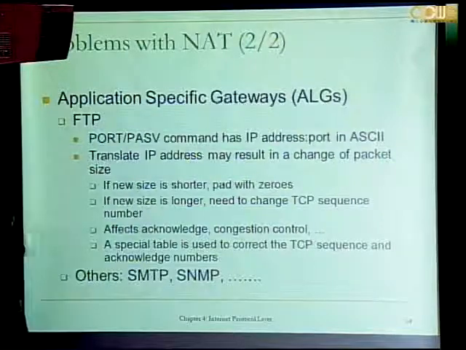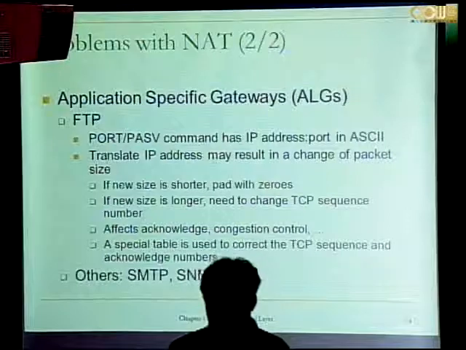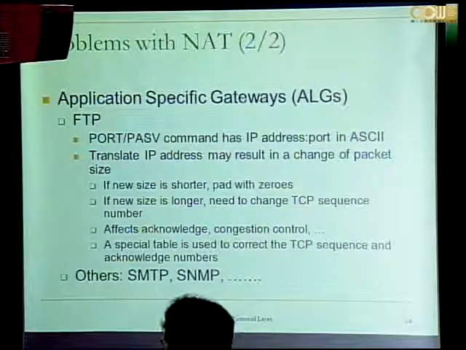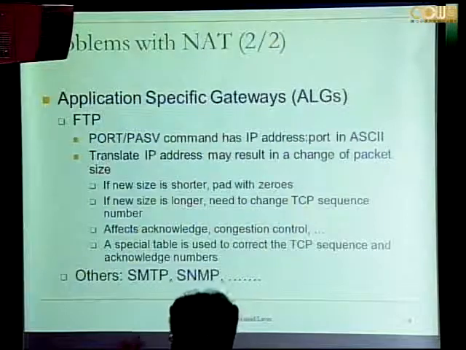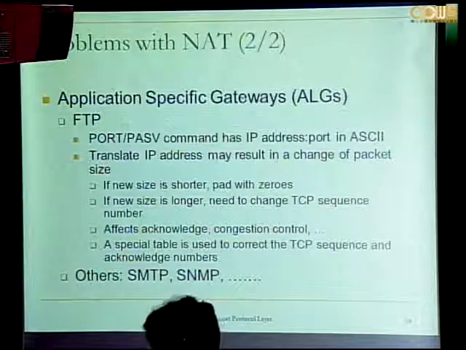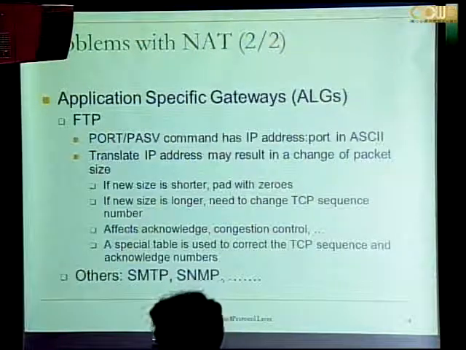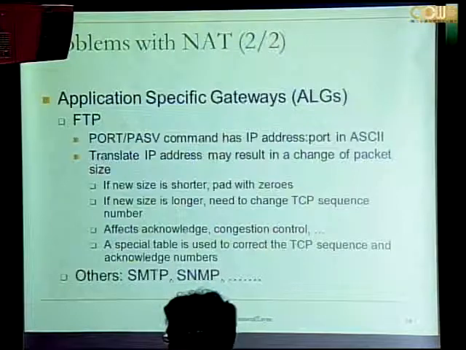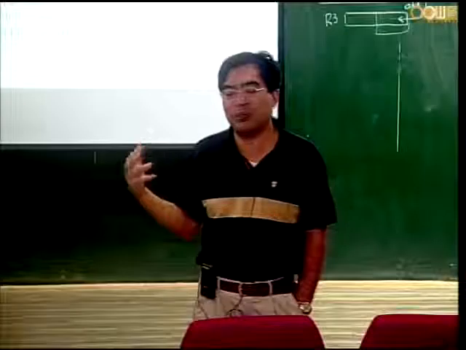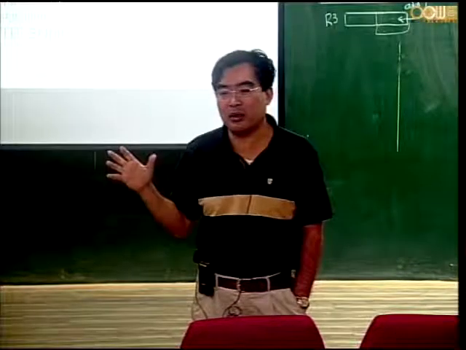So this makes NAT implementation difficult. You might hide IP address and port number in application protocol messages. And application protocol messages are not binary. They are ASCII. And then translating the IP address and port number will modify the length. So that's a bad thing.